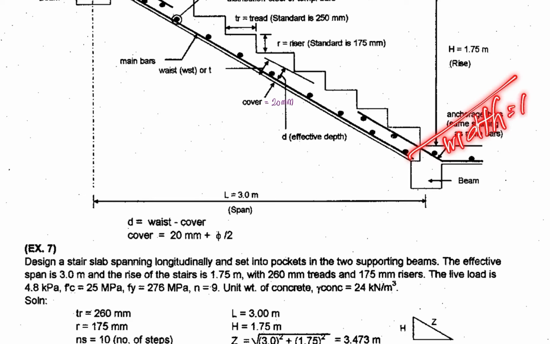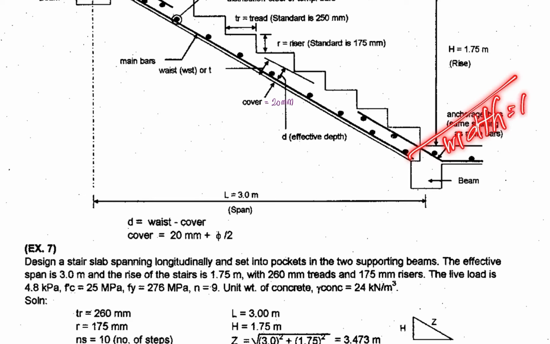Okay, so to solve for that, substitute the values. 24, that is the unit weight of concrete. Then the thickness of the stair slab, that is 150 millimeter. To convert that into meter, that is 0.15. Then Z, then multiplied by 1 meter, that is the width.